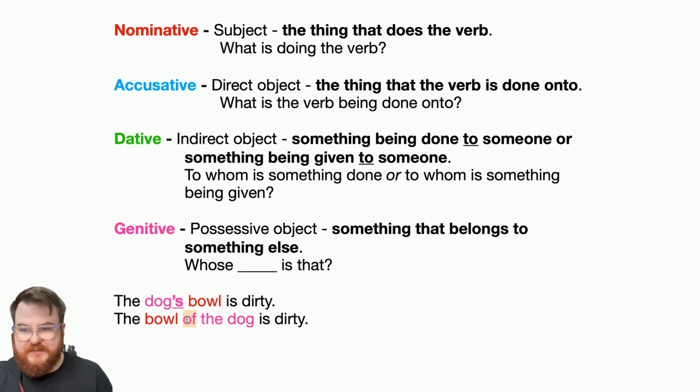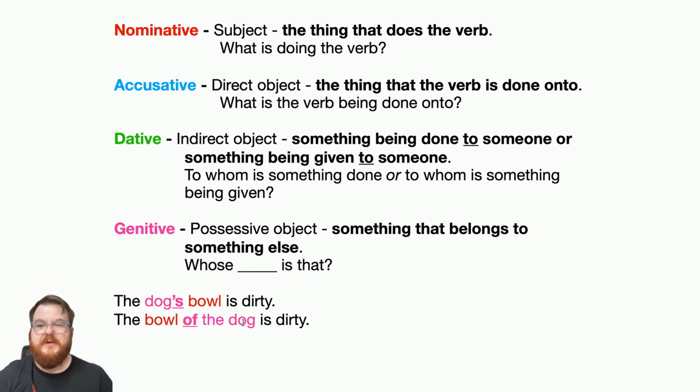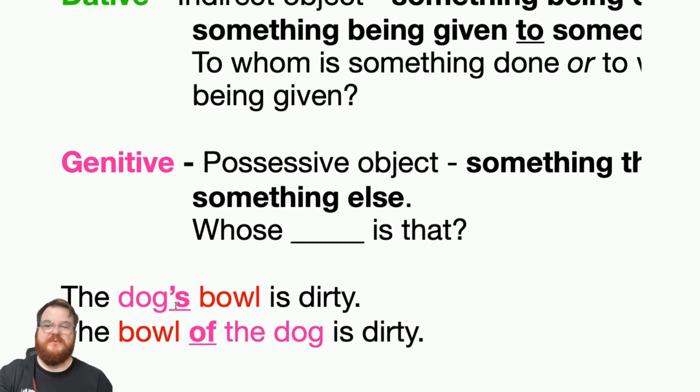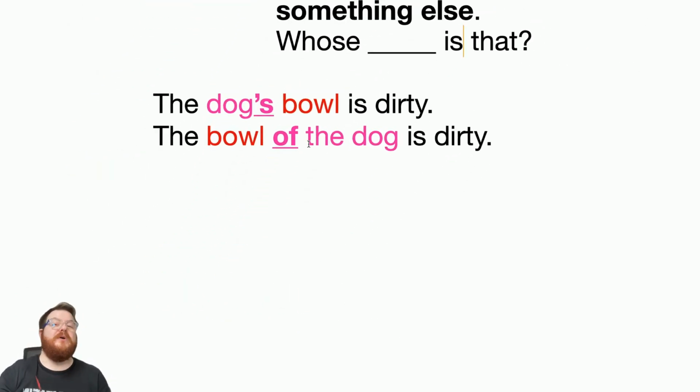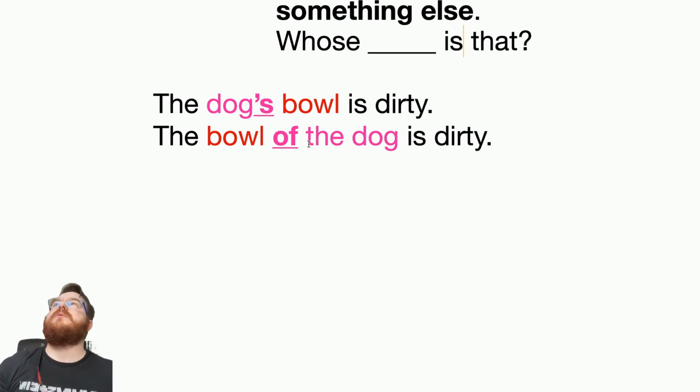Okay, so actually I'm going to zoom in, really hammer home the point here. Apostrophe S or of, and then a noun, is the genitive in English. The bowl of the dog, my father's car, the serenity of the neighborhood, the librarian's books.